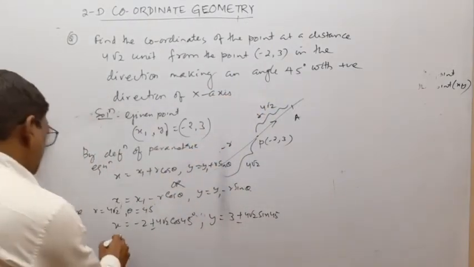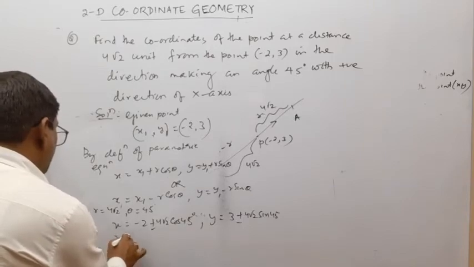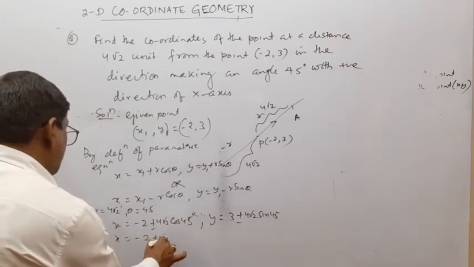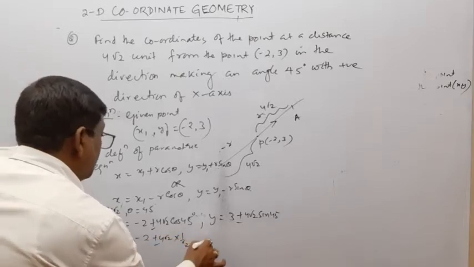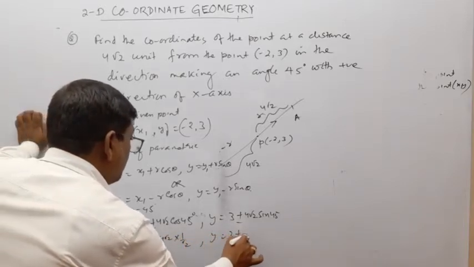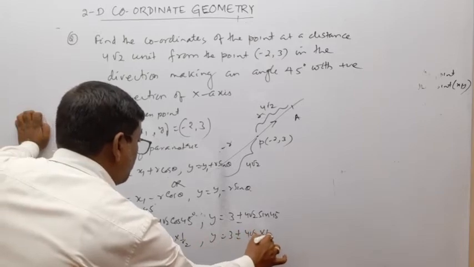So x is equal to minus 2 plus or minus 4 root 2 into 1 by root 2, y is equal to 3 plus or minus 4 root 2 into 1 by root 2.